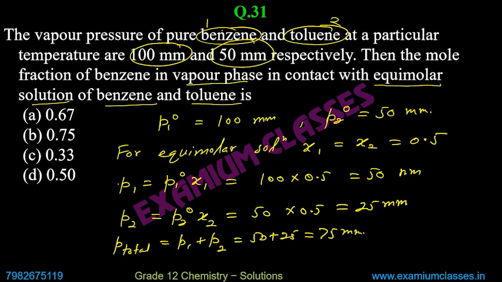And you have to calculate the mole fraction of benzene in vapor phase, and you know the formula now. When you know the P total, Y benzene will be P total into P1, right?